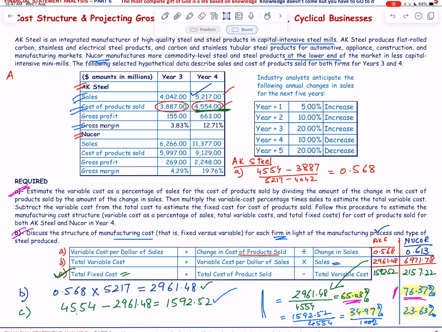I will copy these numbers for the next page.